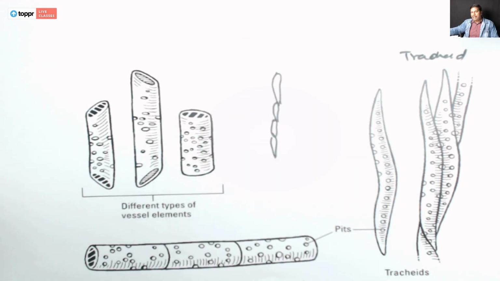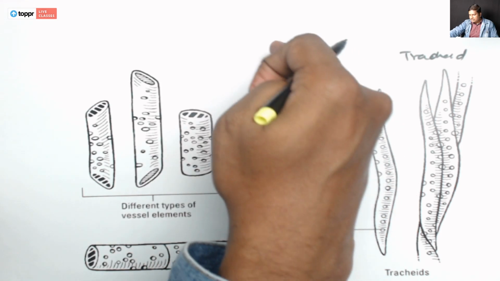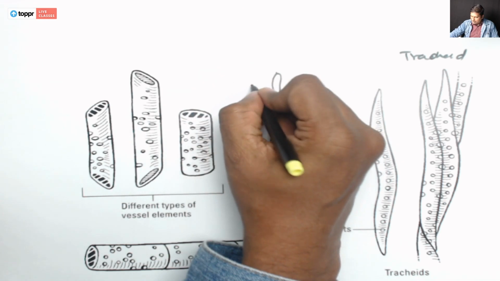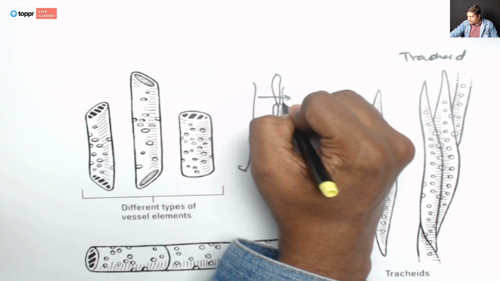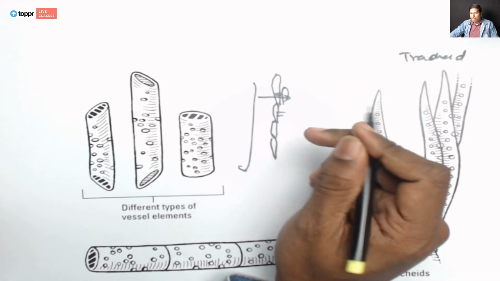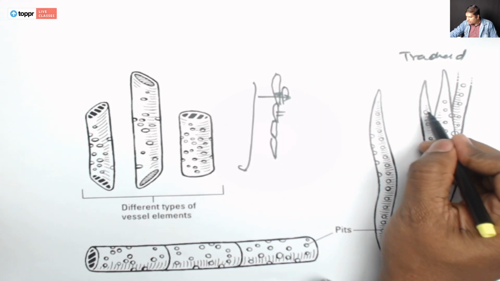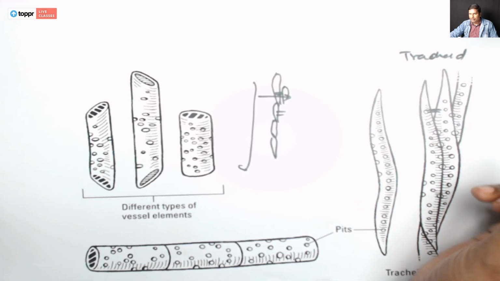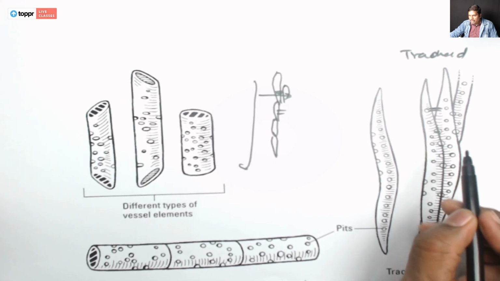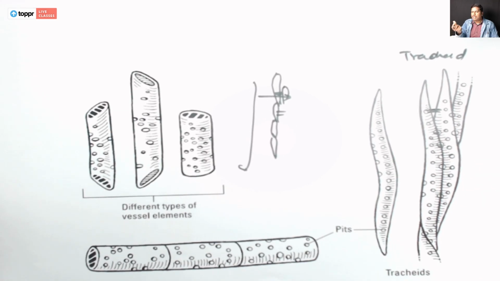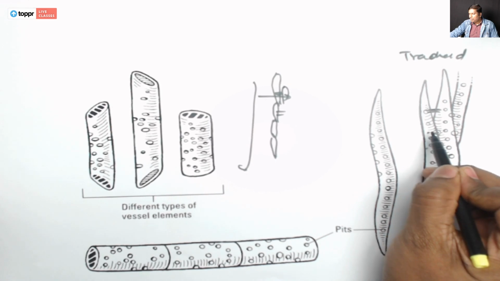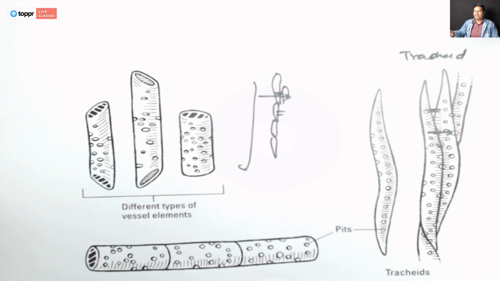So the entire thing is interconnected, not just vertically, side by side also, because the pores are not everywhere, only where the pores are aligned. You see here the pores are not aligned, but here the pores are aligned. Wherever the pores are close by and aligned perfectly, the exchange of material can happen from one tracheid to another, like this also.